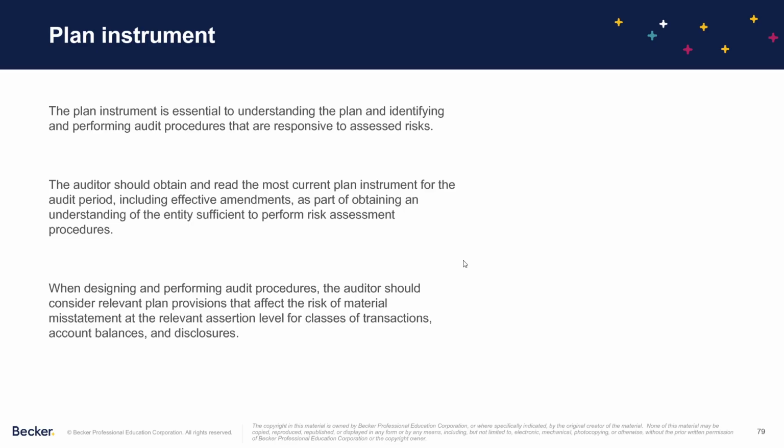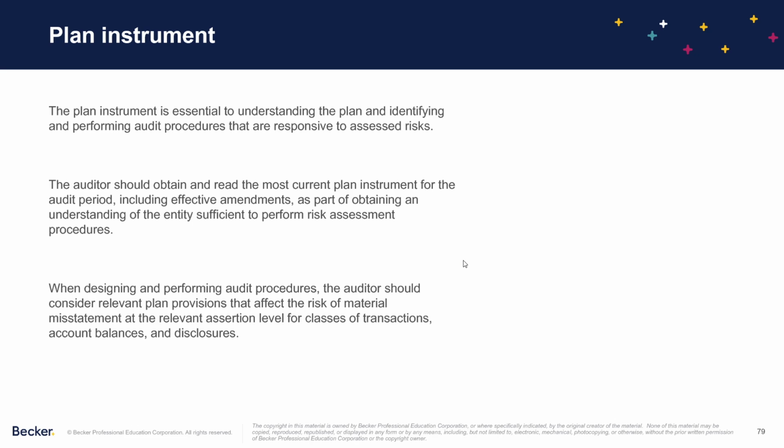And in AUC 330, we respond to the risks identified by designing and performing audit procedures that are responsive. We would also want to consider, again, those relevant plan provisions that might have an impact on our risk of material misstatement at the assertion level for transactions, account balances, and disclosures.